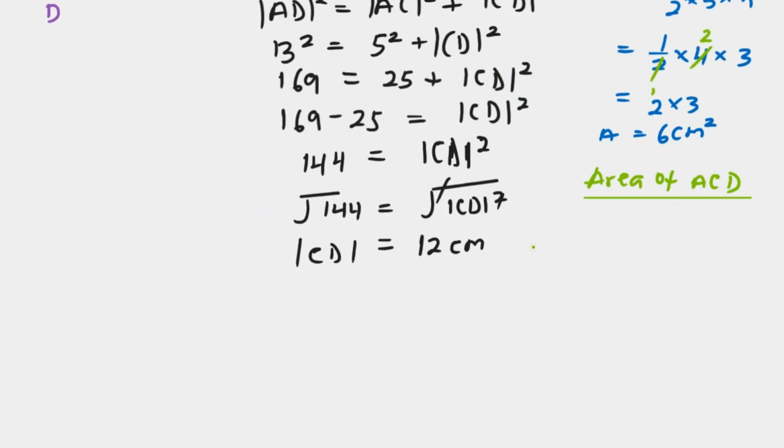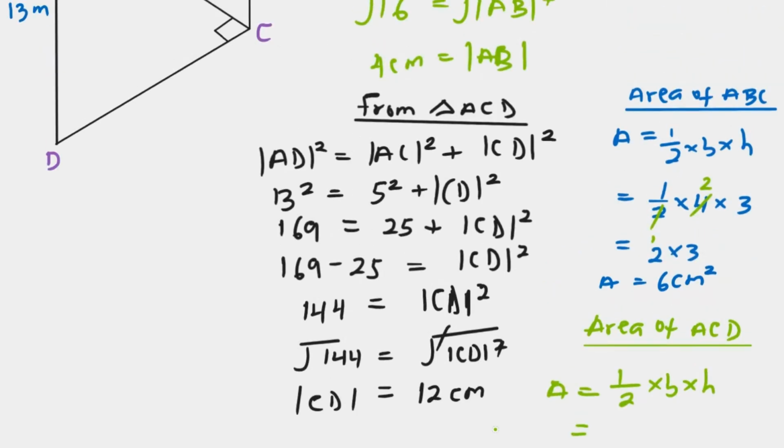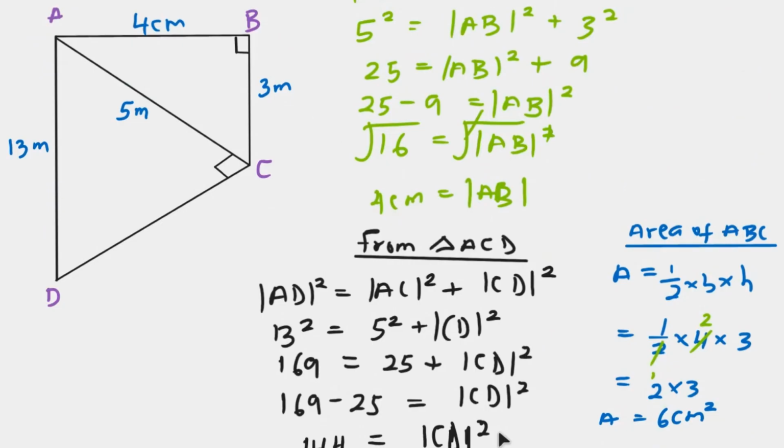So we can just say that the area of a triangle is equal to half times the base times the height. So let's track that triangle and see the base and the height. So like I said, the base and the height will always form 90 degrees. So that's going to be this side AC and that of CD. And we just got CD to be 12 centimeters. So that will be the base and the height.